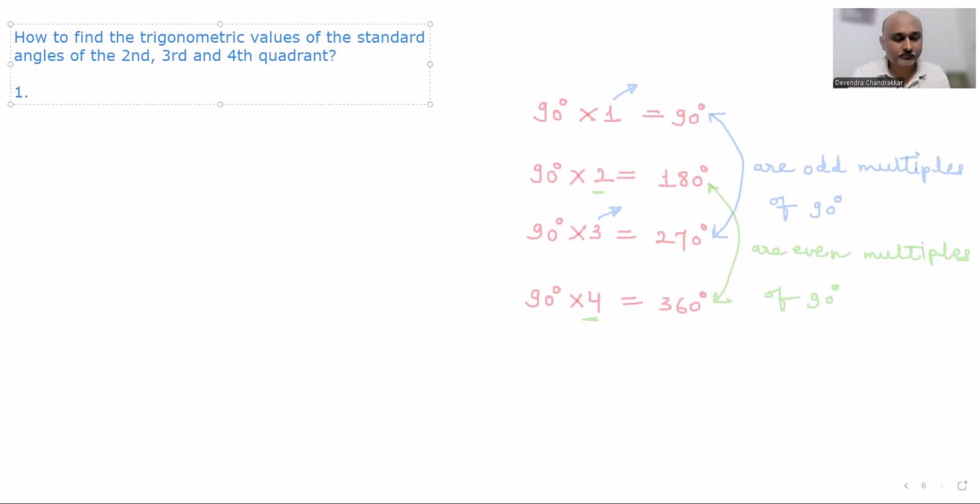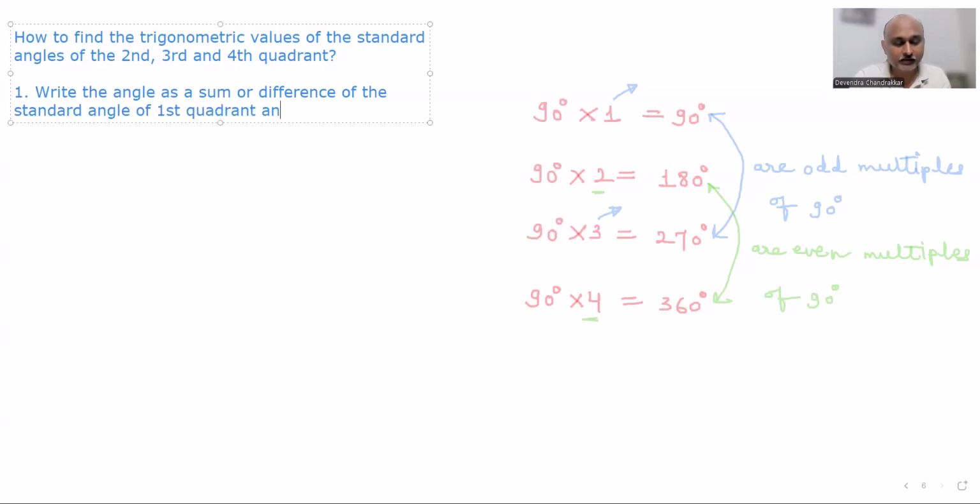First statement. Write the angle as a sum or difference of the standard angle of the first quadrant and the reference angle of the respective quadrant.